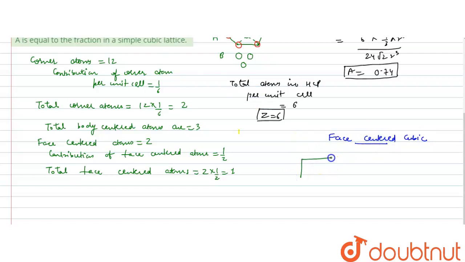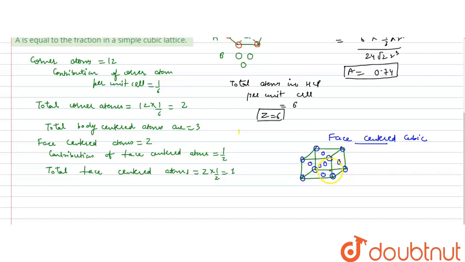If we draw a single unit cell, so in face-centered cubic arrangement, atoms are present at the corners of the cube. That will be 8 corners of the cube. So 8 atoms will be present at the corners, and atoms are present at the center of each face of the cube. So as there are 6 faces of the cube, 6 atoms will be present.